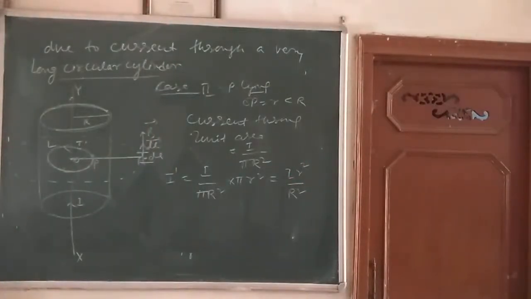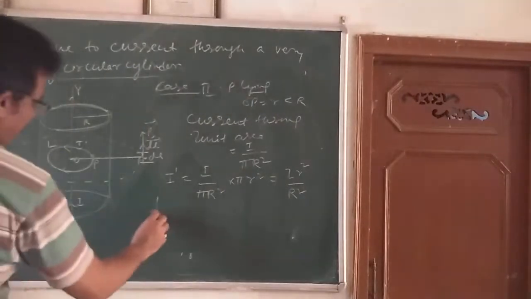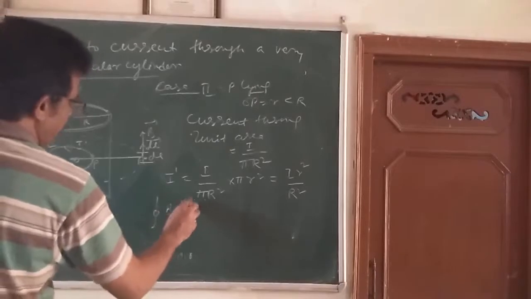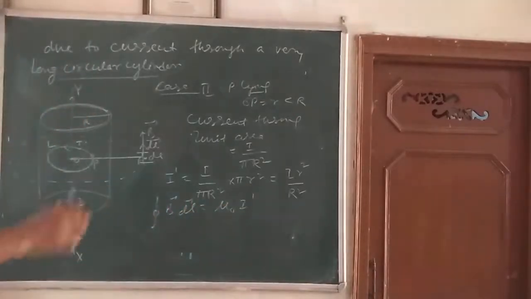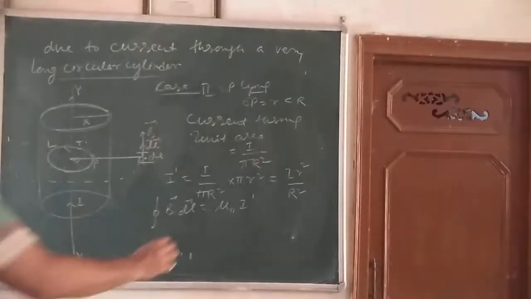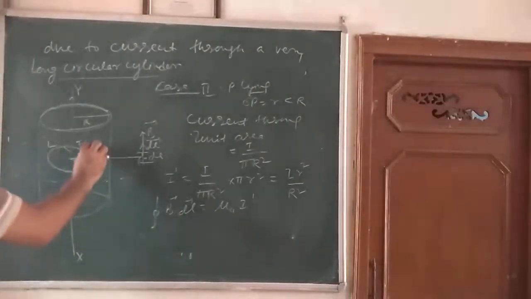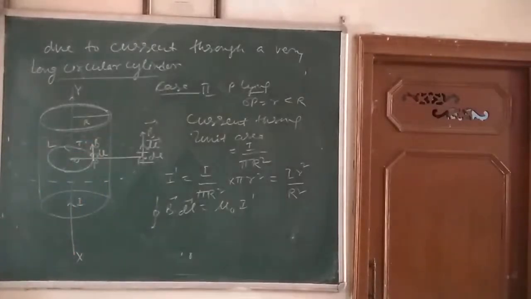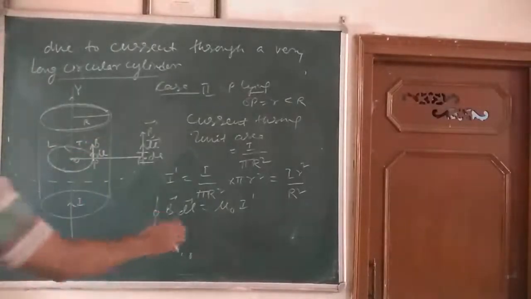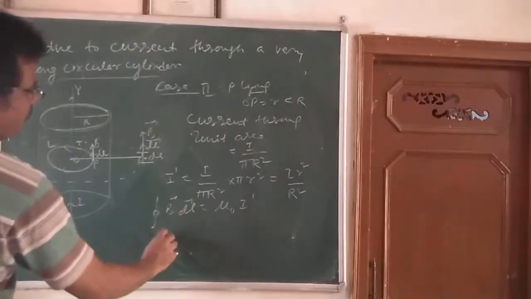Then apply Ampere's circuital law here. According to Ampere's circuital law, integral of B dot dl is equal to mu naught I dash. Here current is I dash. B and dl both are in the same direction. Again you write B dl cos 0. B may be taken out.